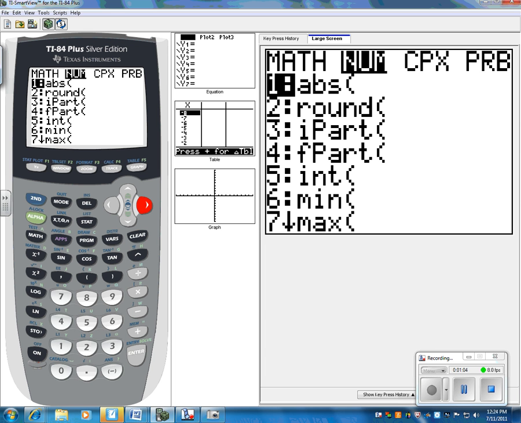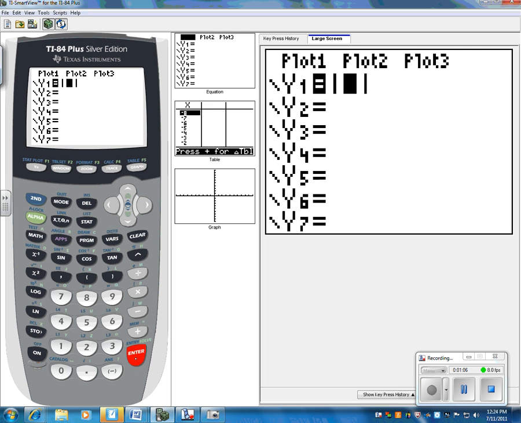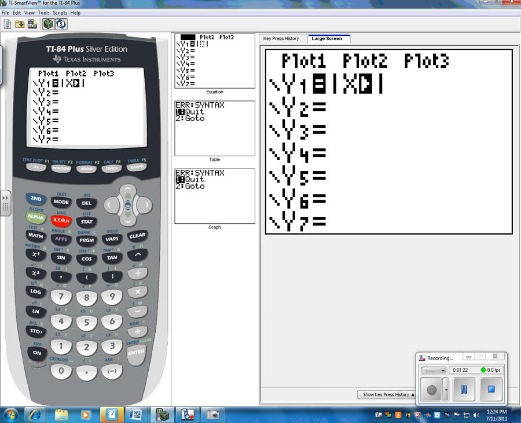ABS means absolute value function, obviously. So we're going to hit X, enter. Now, mine gives it as the bars, but usually you're going to have an ABS with regular parentheses. So I'm going to put my X in, and I'm going to hit enter to input that.